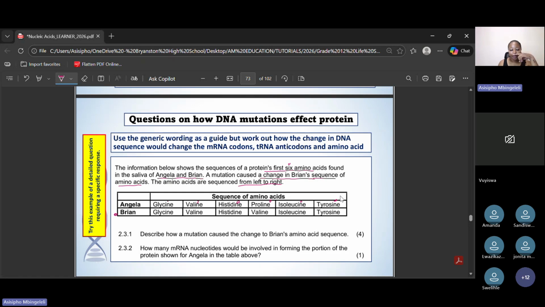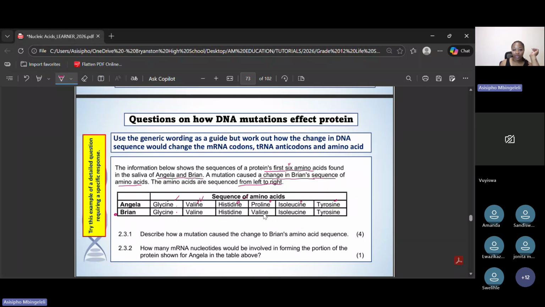But what has happened here? They are telling us there is a mutation that occurred in Brian's sequence of amino acids. Let's figure it out. Glycine, glycine, that means it was fine here. Valine, valine, it was fine here. Histidine, histidine, it was fine here. Proline, valine, this is different.